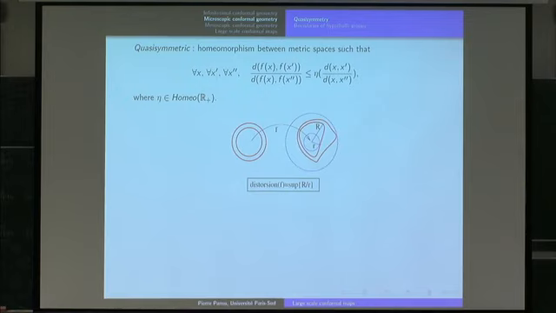It is mapped into another annulus, and the quantitative measurement here is that the ratio of radii of the two spheres forming the annulus in the range is bounded independent of the radius of the domain annulus and the position of point x. This is the notion of quasi-symmetric maps.